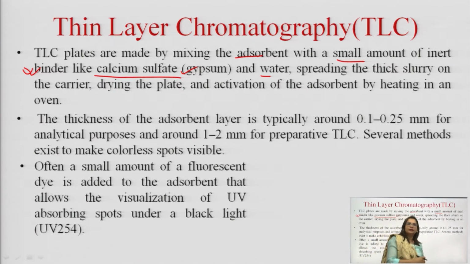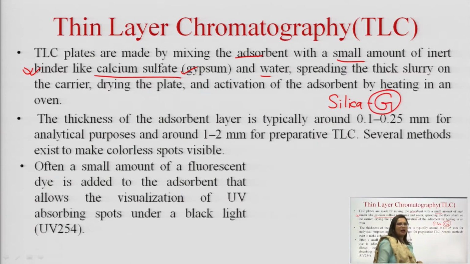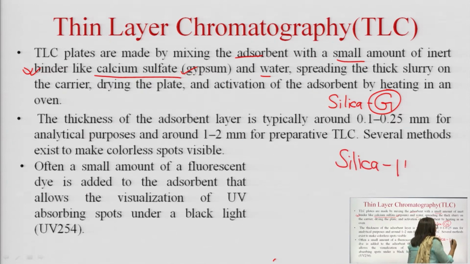Any other binders can also be utilized for this purpose, but this is one of the most commonly utilized binders, and hence you will see the grade of silica being used says silica gel G, that means the one having added G or gypsum. If it does not have any binder in it, the silica used would be termed silica H, that is, only homogenized.